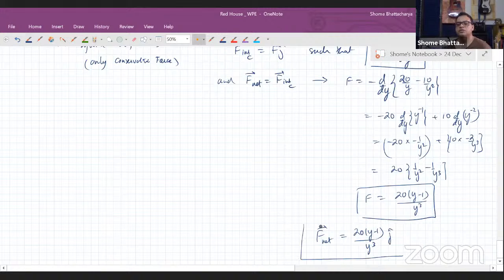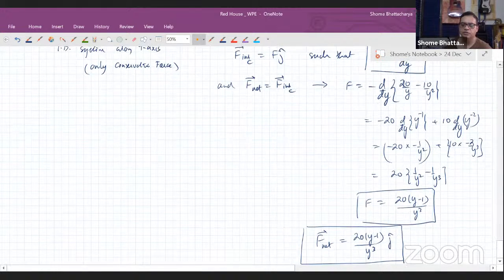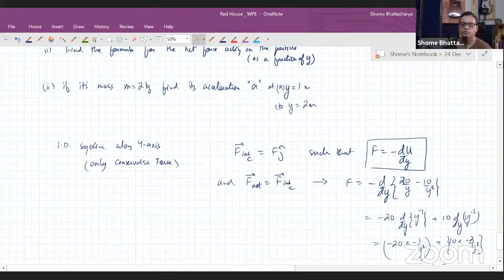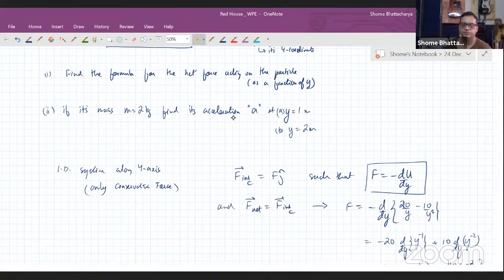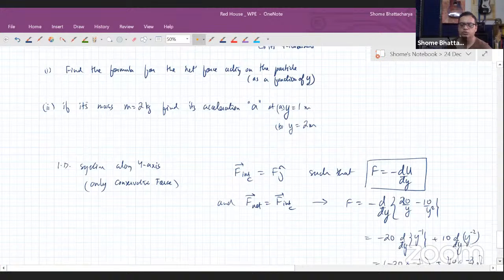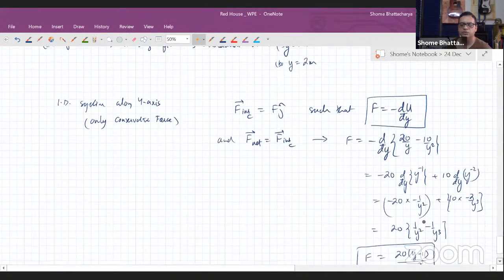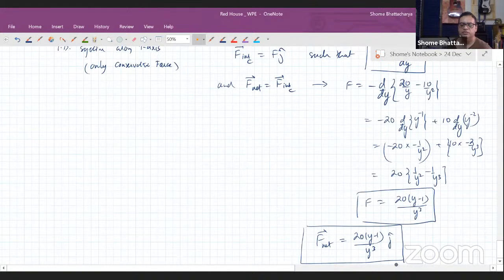You can see that this force cannot be defined at the coordinate y equal to 0, and this force itself is 0 at y equal to 1, which also goes to show us that y equal to 1 will be an equilibrium position, because the net force will be 0 at y equal to 1. Whereas at y equal to 2, for example, the force will be along the positive y direction. Whereas at y equal to something like 0.5 or 0.8, less than 1, the direction of the force will be along the negative y-axis.